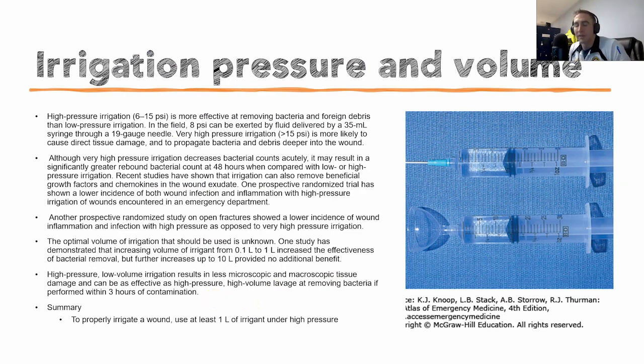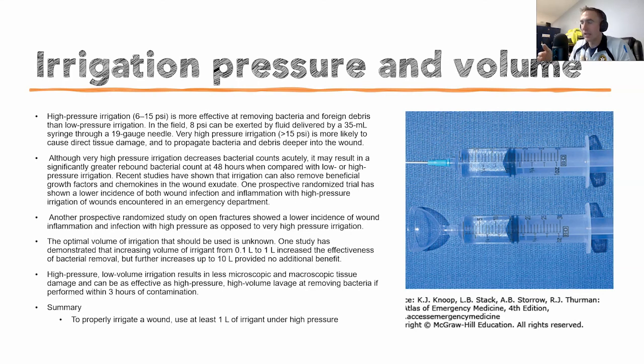But I think the most important thing we can take back from learning about proper wound irrigation is that if you try to actually use a good volume under some pressure as opposed to just taking a little 10 cc flush, squirting it on the wound, that it can make a big difference and decrease that patient's infection risk.